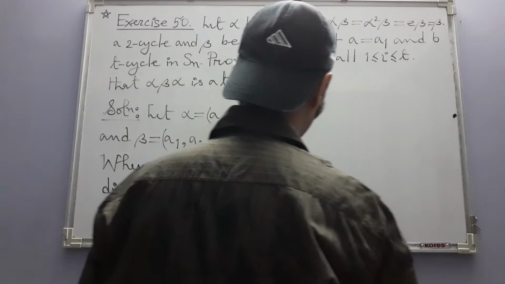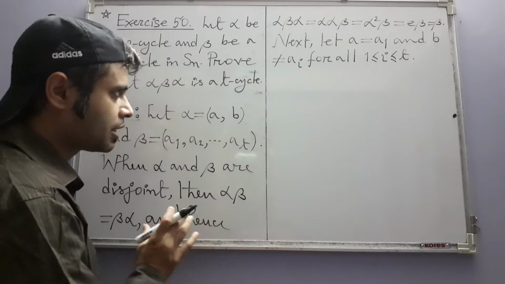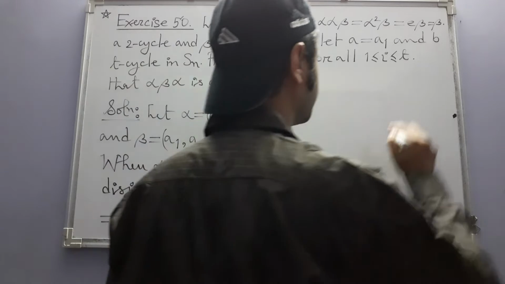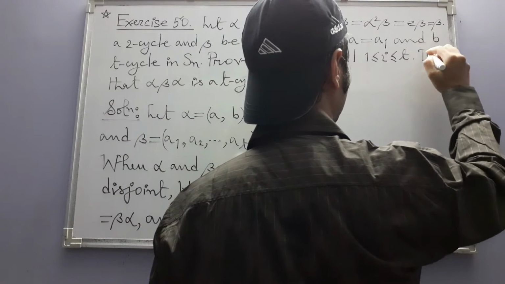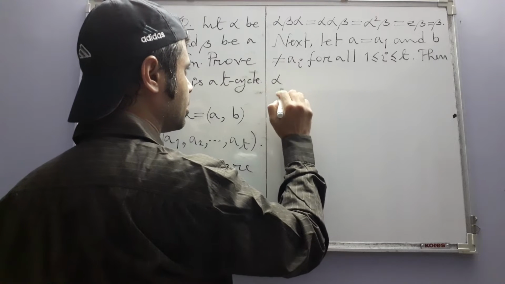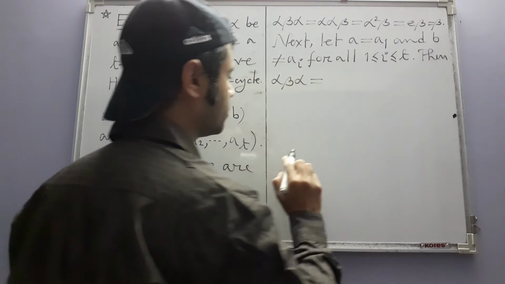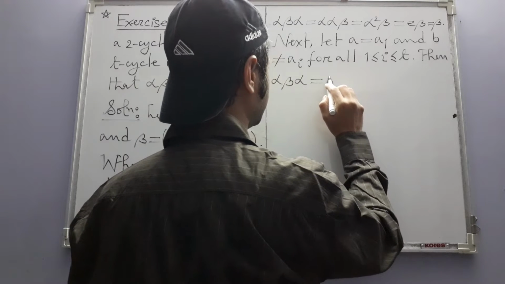Now we have to actually calculate alpha beta alpha. It's not as easy as the first case, but let's see what happens. Then alpha beta alpha is equal to, what shall we have?